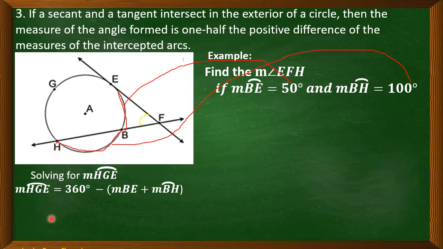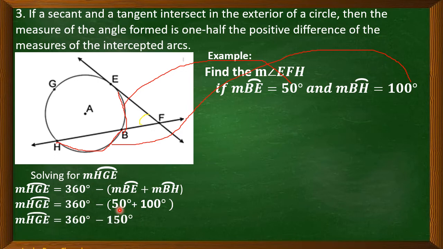So by substitution, we have measure of arc HGE is equal to 360 minus arc BE. This one is 50 and that is given, while arc BH is 100 degrees. So we have to add. So 360 minus the quantity 50 plus 100 degrees, that is 150 degrees.